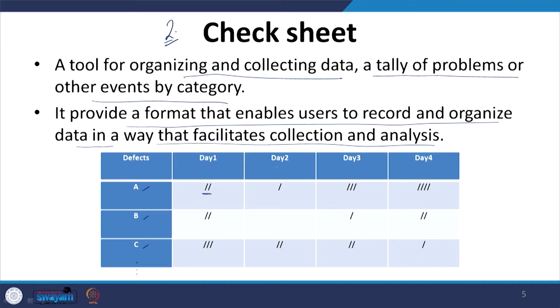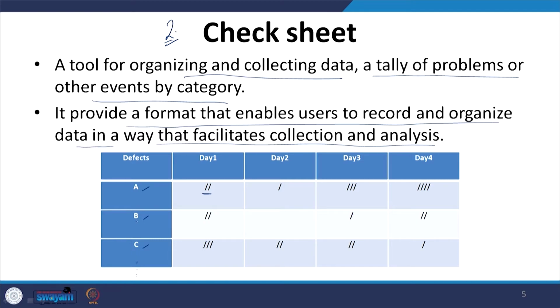On day 2 for defect A, only one occurrence took place, so only a single line. On day 3, 3 occurrences for defect A, so 3 lines. On day 4, 4 occurrences for defect A, so 4 lines, and so on.